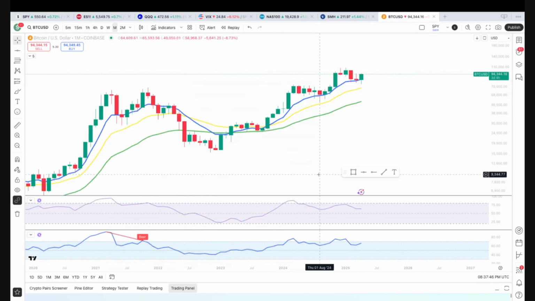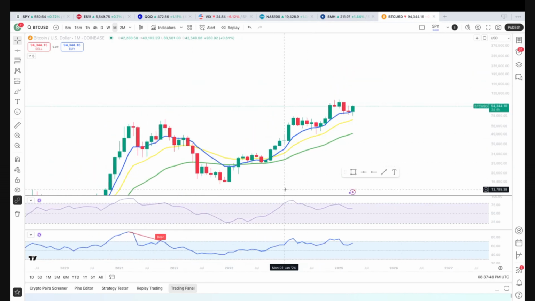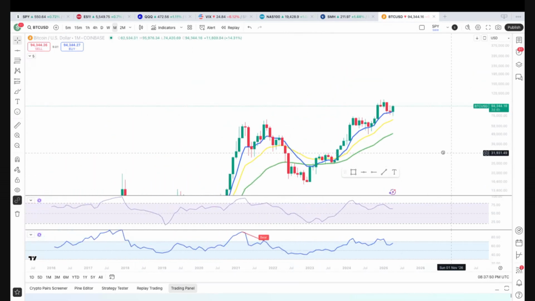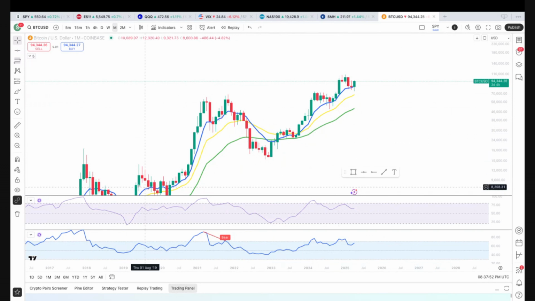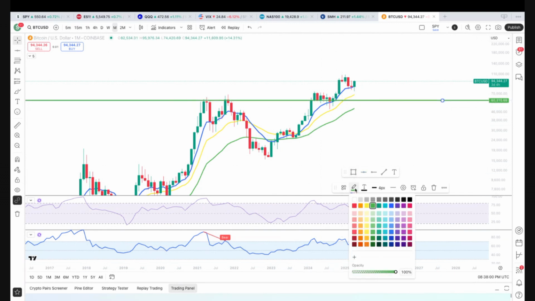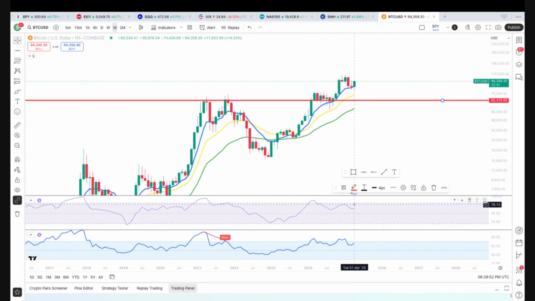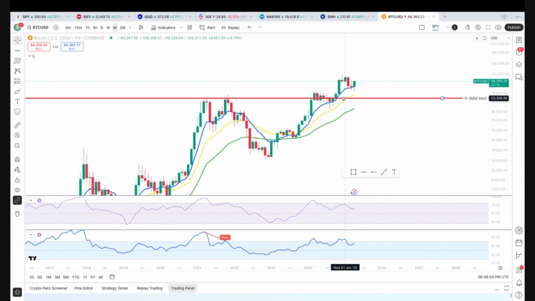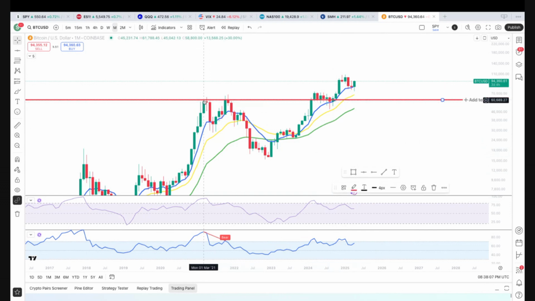Bitcoin's monthly candle, like all these stocks' monthly candles, is about to close in about 3 days. So we have this level here. I marked this because here, Bitcoin struggled to ever get above 61.